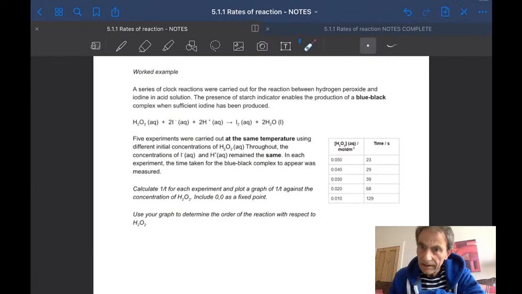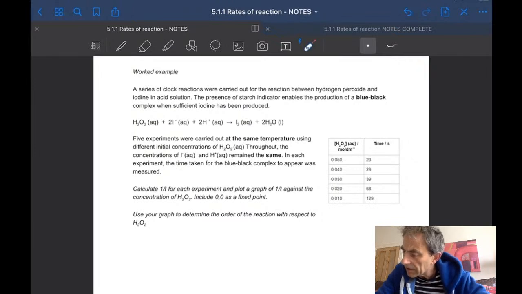So, last thing, I know it's 4 o'clock, but we may as well finish this section. Let's imagine you performed a series of clock reactions, which it sounds like some of you have with your disappearing sulfur cross. A series of clock reactions were carried out for the reaction between hydrogen peroxide and iodine in acid solution. The presence of starch indicator enabled the production of the blue-black complex. Okay, 5 experiments were carried out at the same temperature using a different initial concentration of hydrogen peroxide.